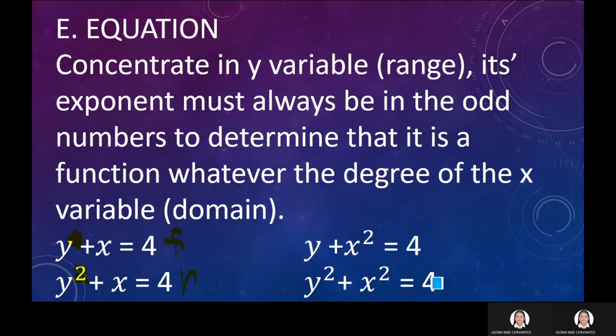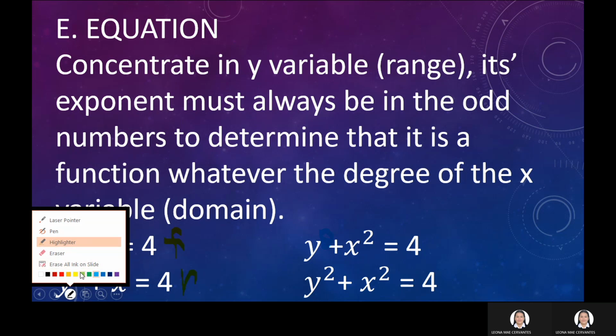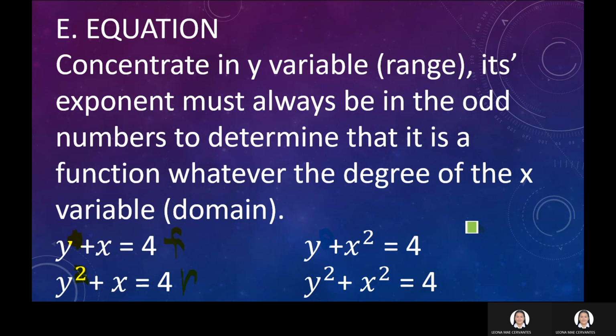Next, another example. We have y plus x squared equals 4. Since the exponent of y is 1, which is an odd number, then y plus x squared equals 4 is an example of function.